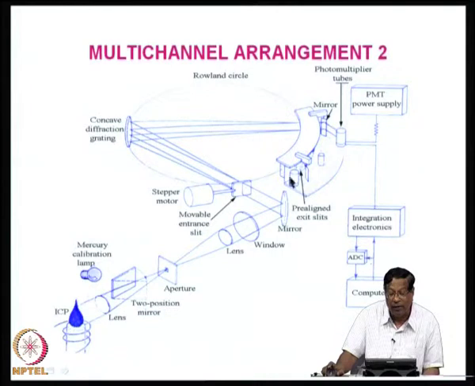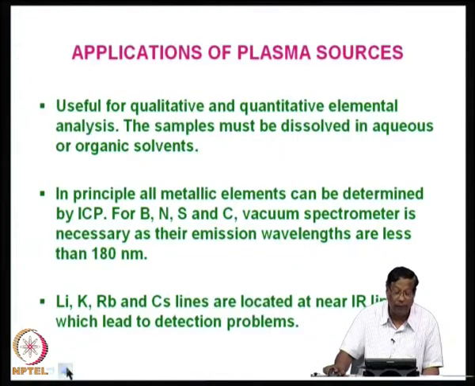Here you can see in this range, one PMT, second PMT, third PMT, etc. And for the PMT power supply, you can choose a single power supply, and then computer control for integration, electronics and ADC and the computer itself. So, this is a typical arrangement for a multi-channel instrument.